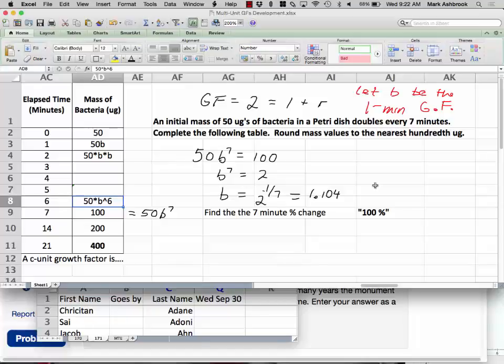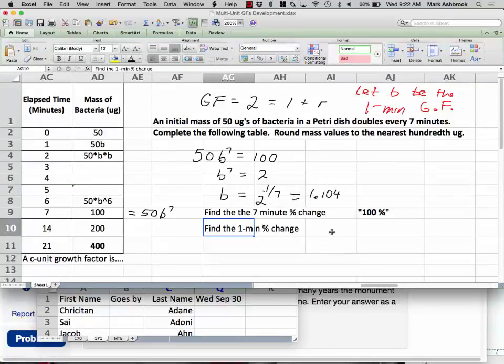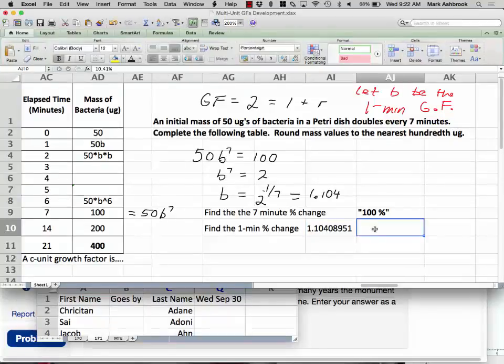Okay, so we got the 7-minute percent change. Therefore, what's the 1-minute percent change? 10.41%, because we know that the 1-minute growth factor is 1.104. The 1 means keeping what you had before plus the increase, so a 10.41% increase every minute.